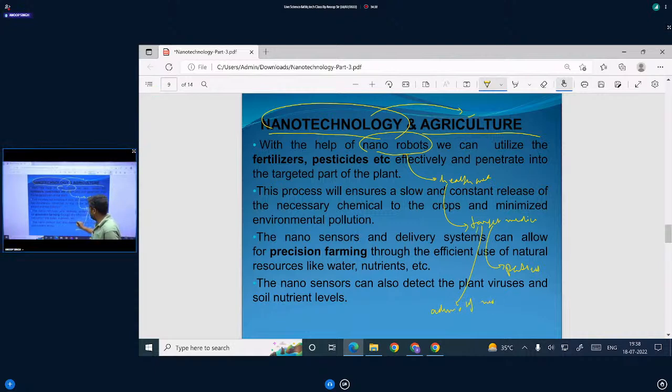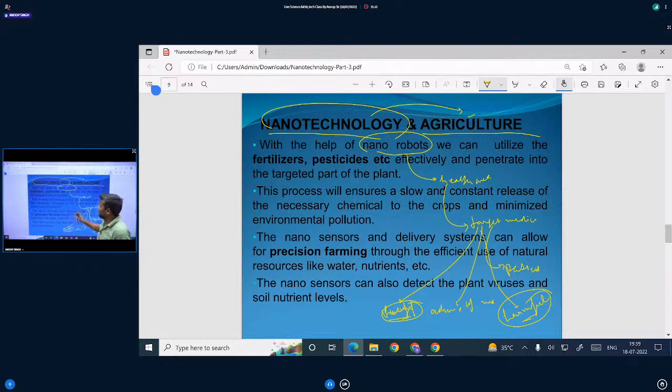Also, with the help of this process, the useful cells do not get impacted. It only targets the harmful cells, and useful cells remain unaffected.